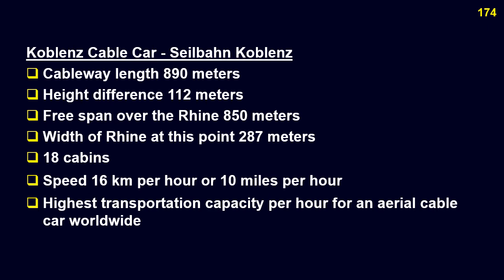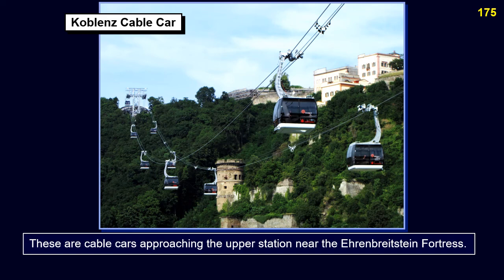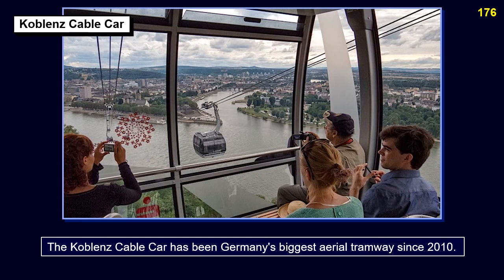It has 18 cabins and a speed of 16 kilometers per hour, or 10 miles per hour. It has the highest transportation capacity per hour for an aerial cable car worldwide. These are cable cars approaching the upper station, near the Ehrenbreitstein Fortress. The Koblenz Cable Car has been Germany's biggest aerial tramway since 2010.